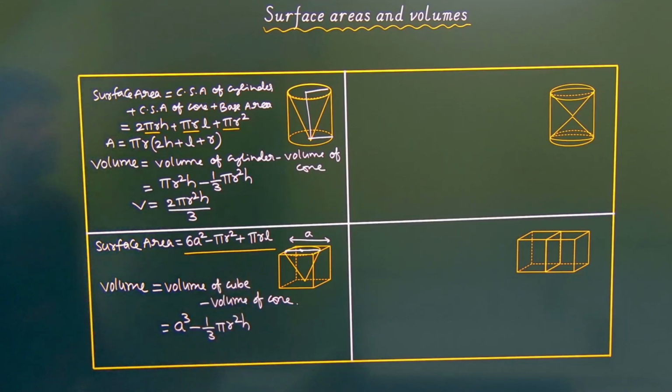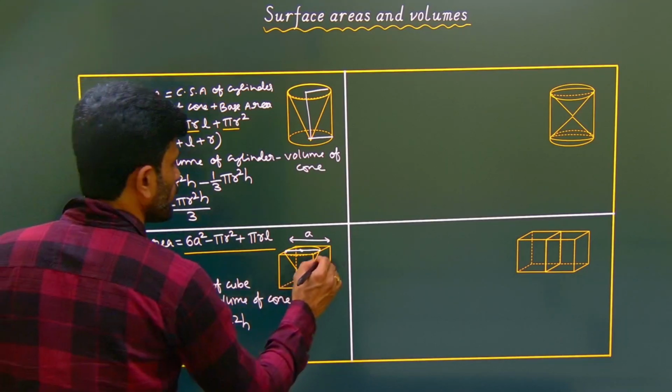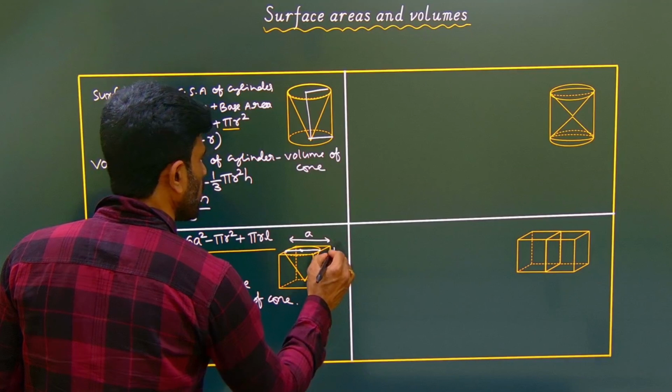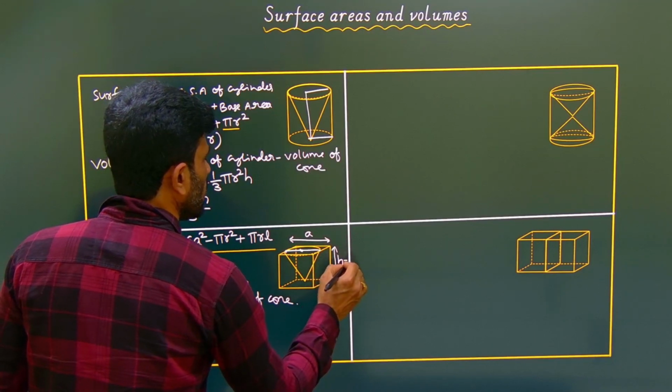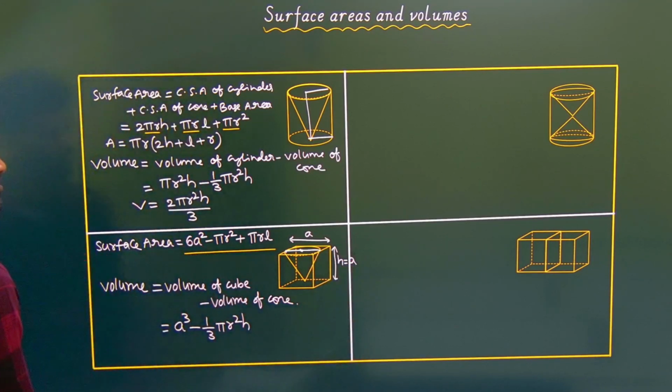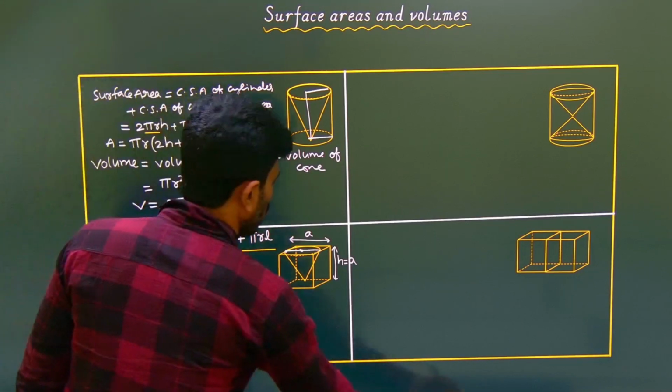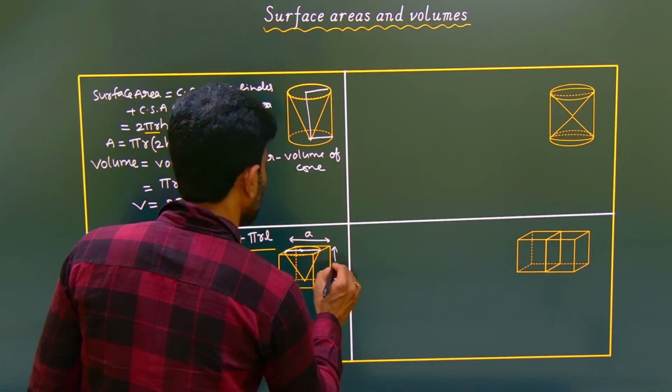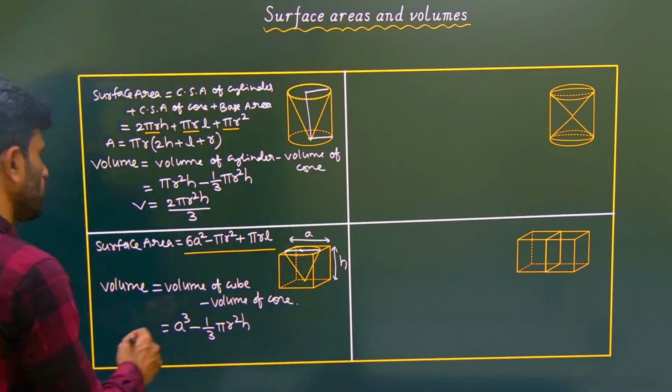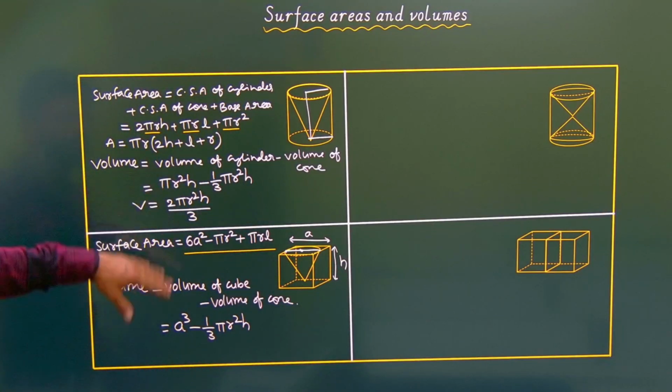One more concept you have to remember: H is nothing but A only. A and H are same. So H is equal to 2r or H is equal to A. Hope you will remember this. Right, now this is about these two solids.